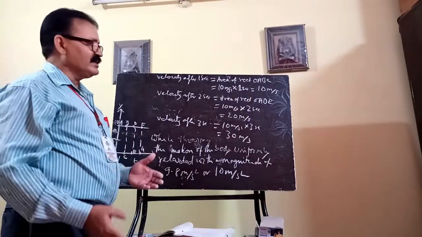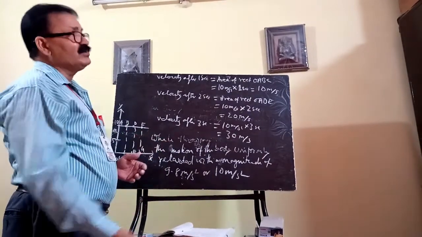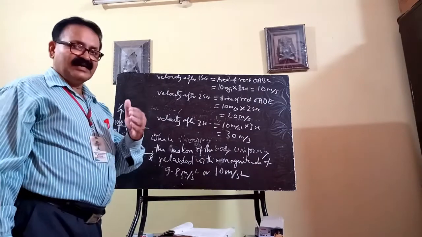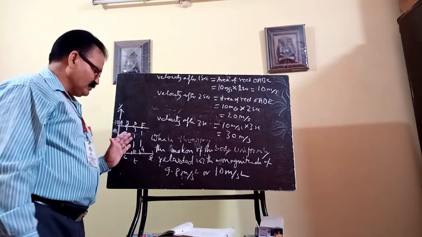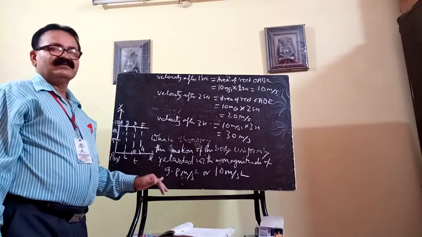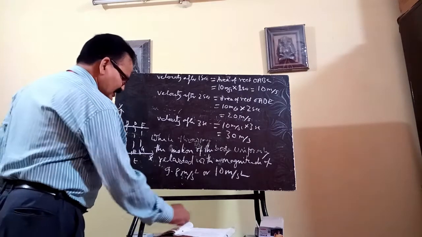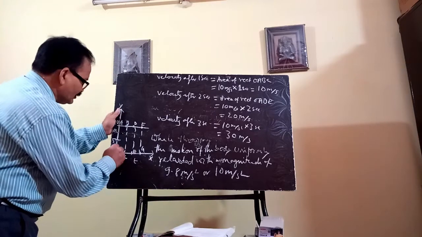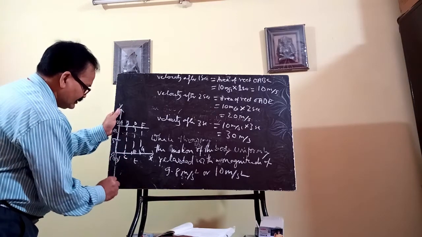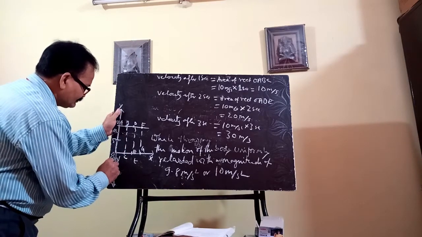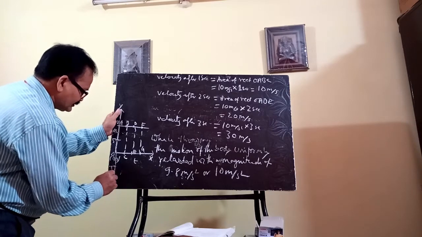Similarly, on the other hand, when a body is thrown vertically upward, the acceleration time graph will be on the negative axis of your acceleration. That means for retardation, the acceleration time graph will be on the negative side. Here -5 and this is say -10.